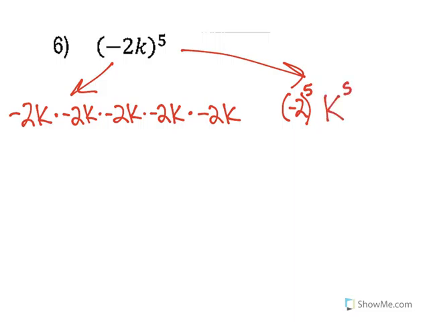So, negative 2 to the 5th, negative 2 5 times is what? Say it again. Negative 32. k to the 5th. Just, yeah, you can't do anything. k to the 5th. Good.